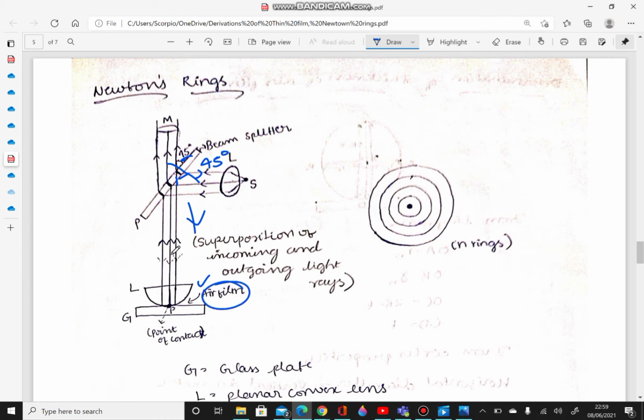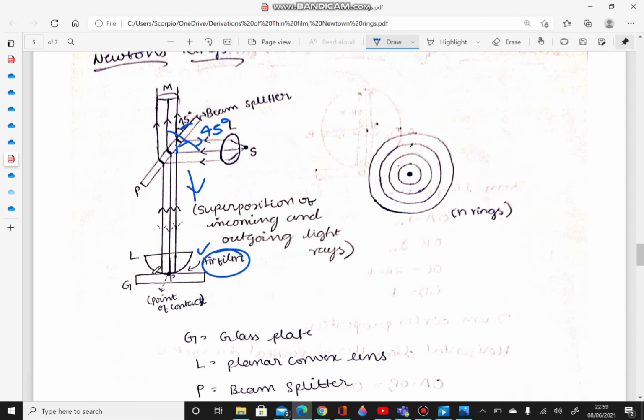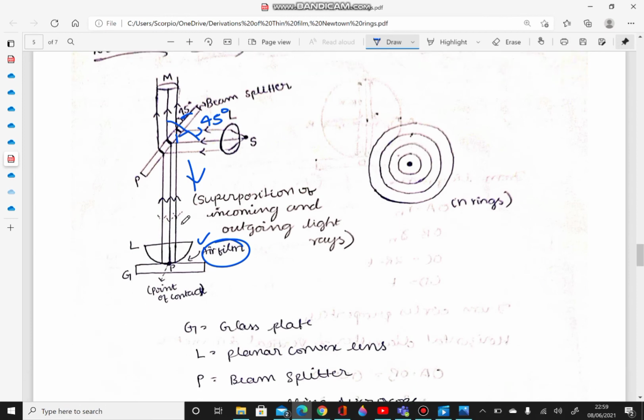And since these parallel light rays are incident at normal with respect to the base of the planar convex lens, they get reflected back at normal too, resulting in two waveforms here.